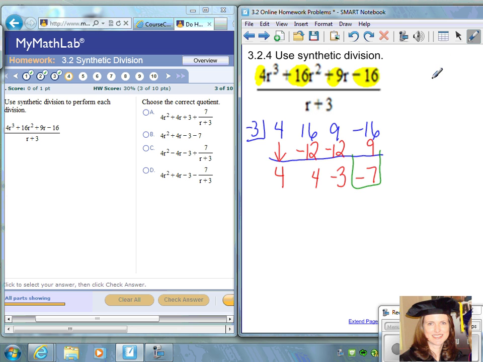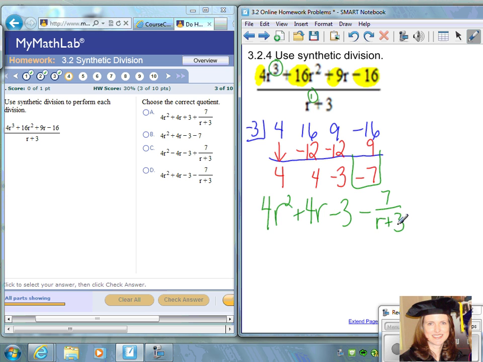So the way you set up the answer is first determine the power. In the beginning we had an r to the third divided by an r to the first, so our answer is going to have an r to the second power, using 4 as the first coefficient: 4r to the second power plus 4r minus 3, and then the remainder is minus 7 over what we divided by in the beginning, which was r plus 3.